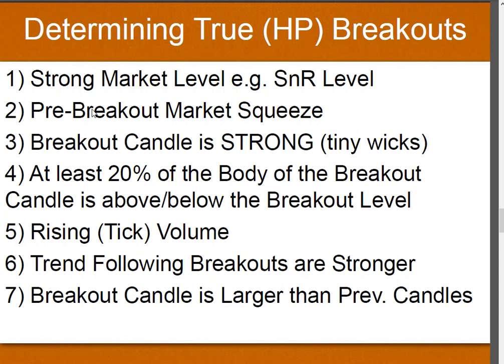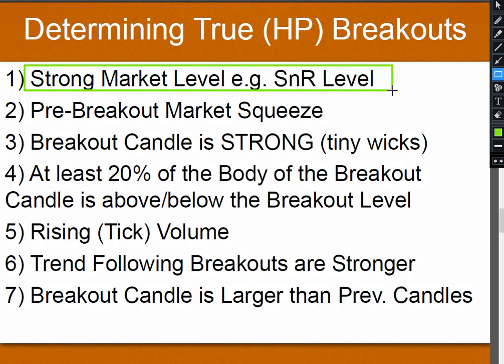Number 1, ensure that there is a strong market level that the breakout candle has broken. In other words, remember from the previous slide, we talked about things like support, resistance, pivot levels, price channels.